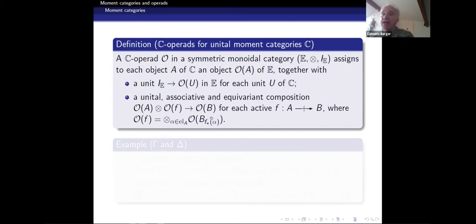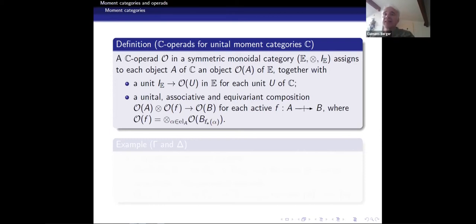And so you have a splitting. Remember that the splitting of a moment, I called it B sub the moment. And your operad takes a value on this object. So this OF is a tensor product of these values. And then this composition must satisfy certain unit constraints, associativity constraints, and equivariance constraints.